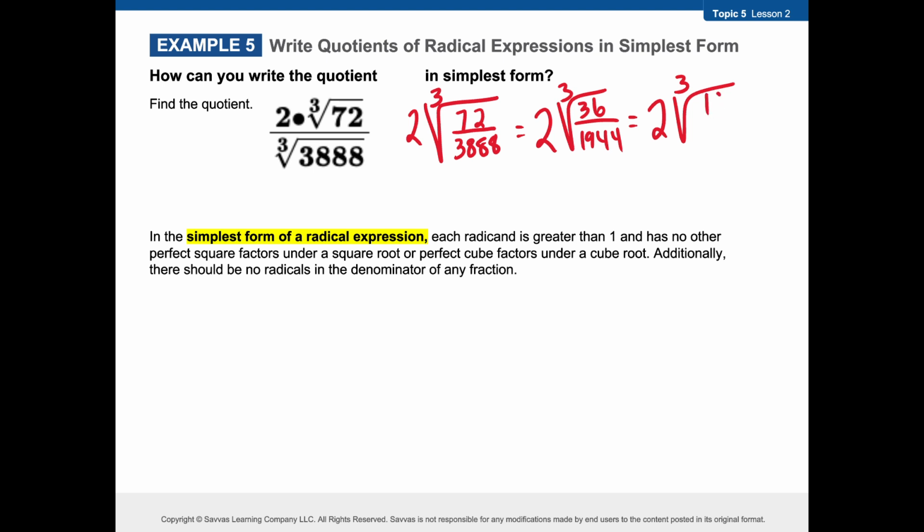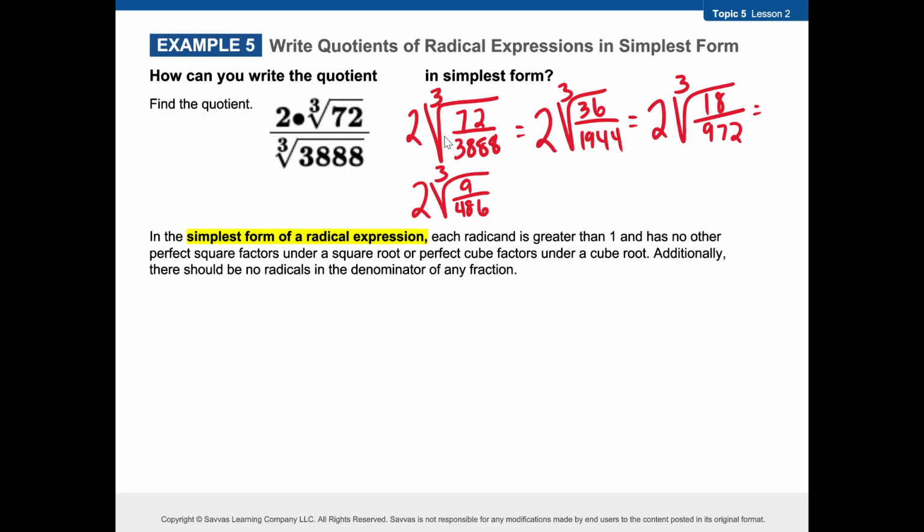36 divided by 2, 18, 1,944, 972, you can keep going. 18 divided by 2 is 9, 972 divided by 2, 486.